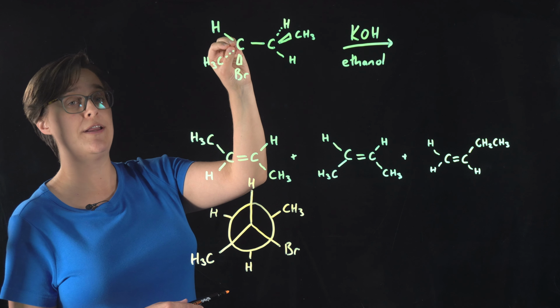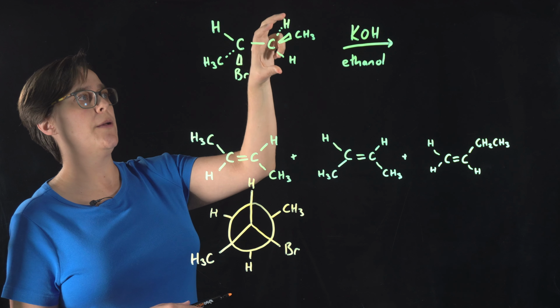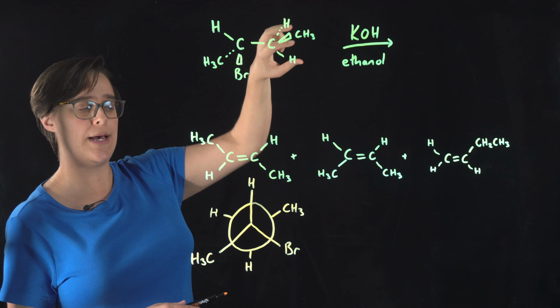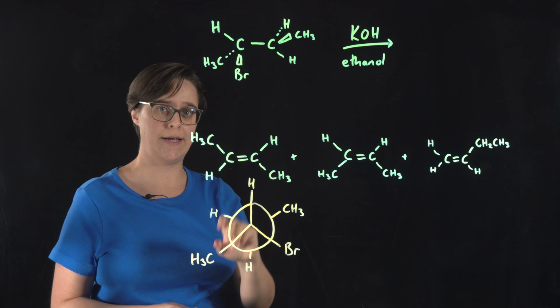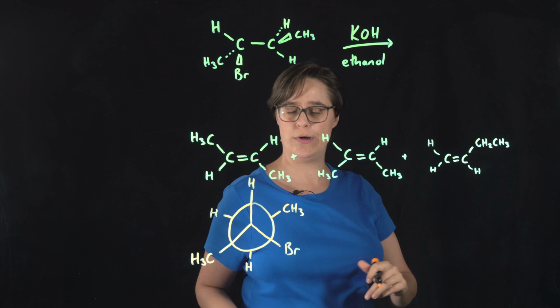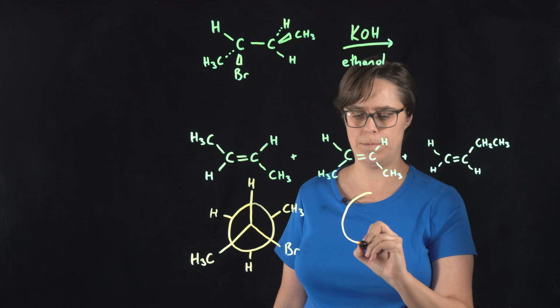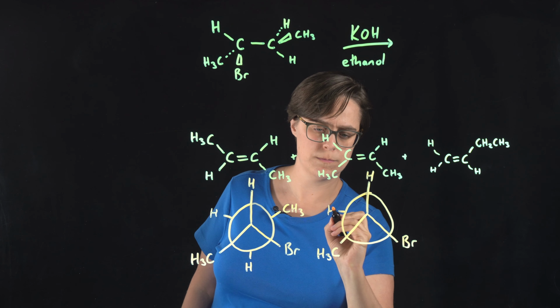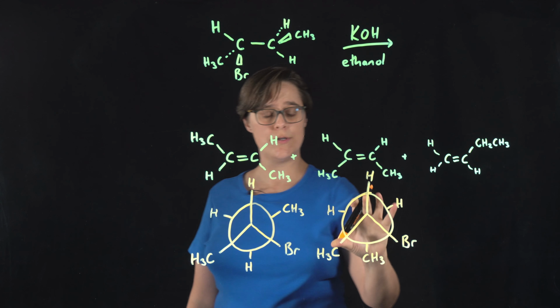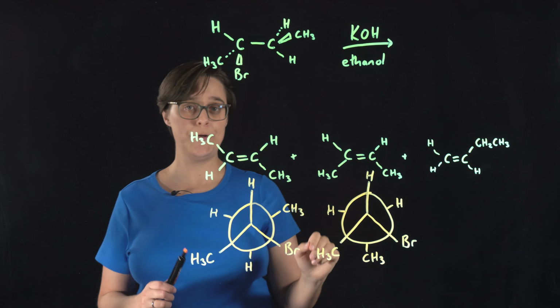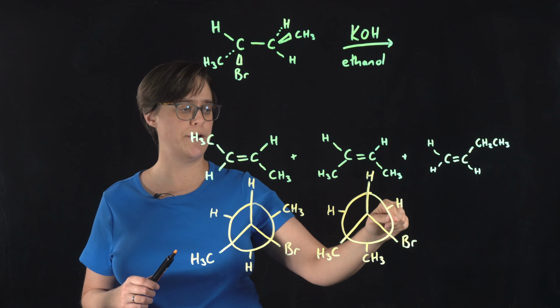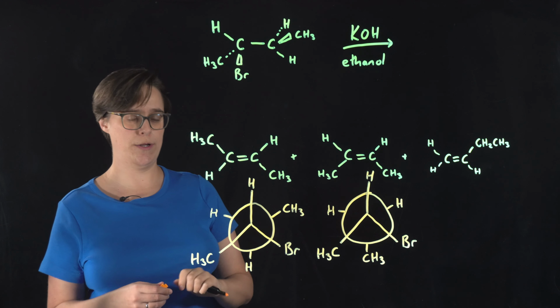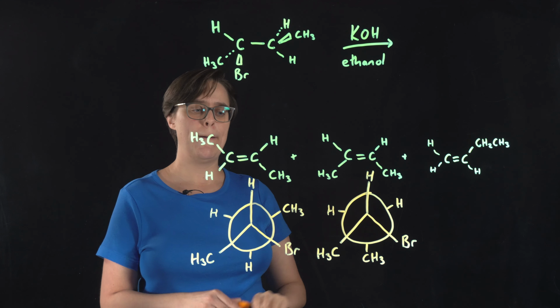I'm going to keep the carbon in the front the same, but I'm going to rotate this carbon in the back to the other staggered conformation that is also going to be able to react. So here too, we do have anti-periplanar bromine and hydrogen, 180 degrees apart.